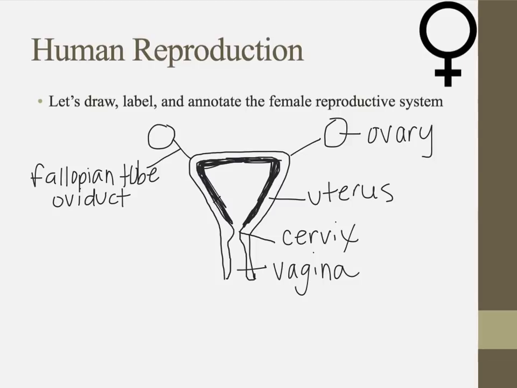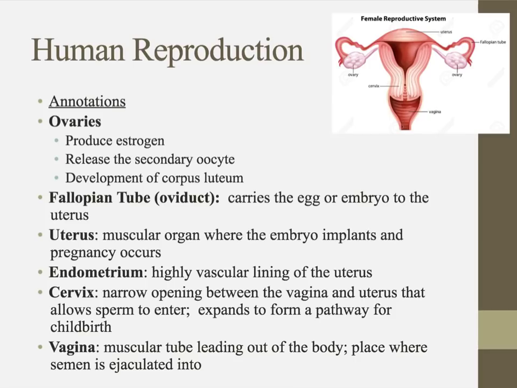And of course, this highly vascular lining is called the endometrium, endo meaning inside, metrium from the Greek for mother. So inside the mother, we're talking about the lining of the womb. Now's a good time to pause the video and annotate your drawing with the functions of each of those.